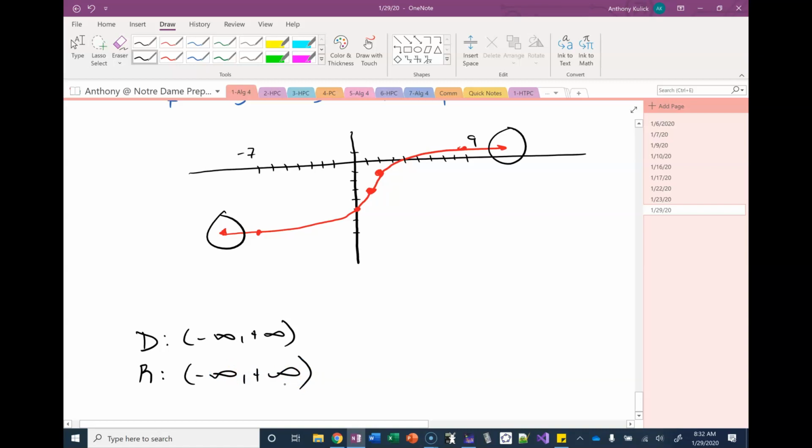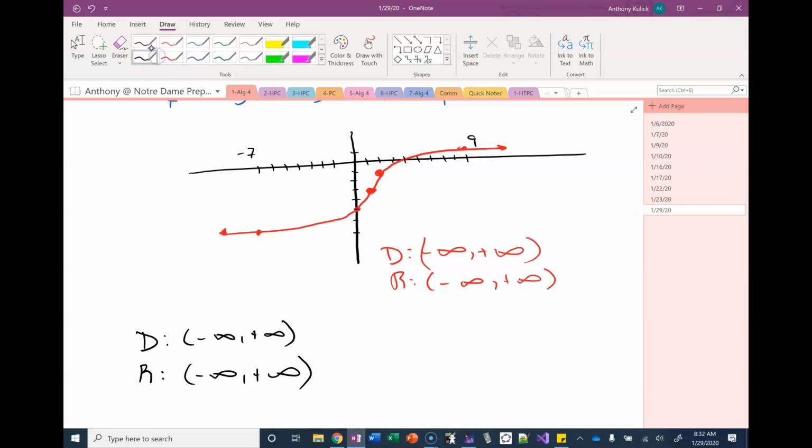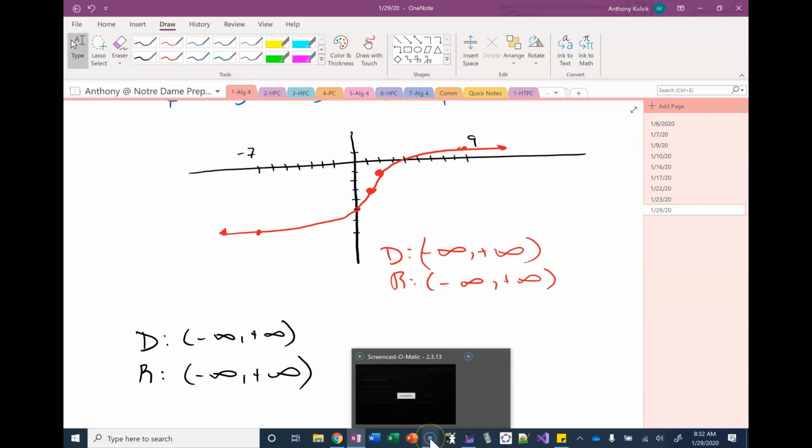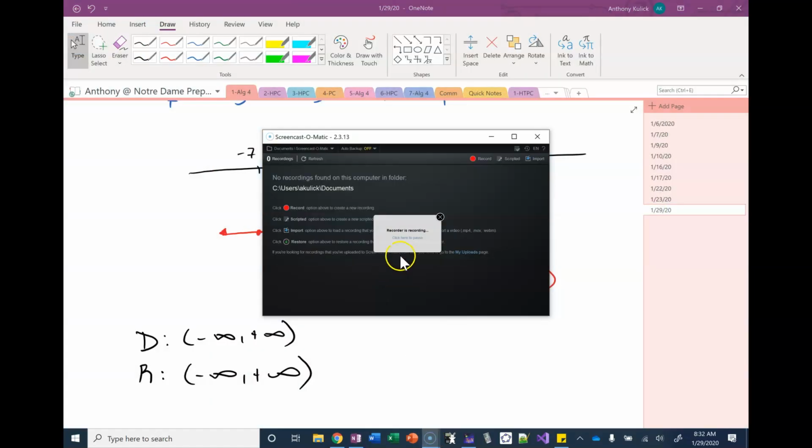So the domain and range for cube root functions should be very easy. It's always going to be negative infinity to positive infinity for each. Any questions about what we've done here today? Good.